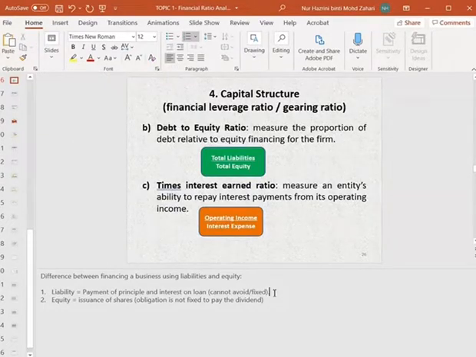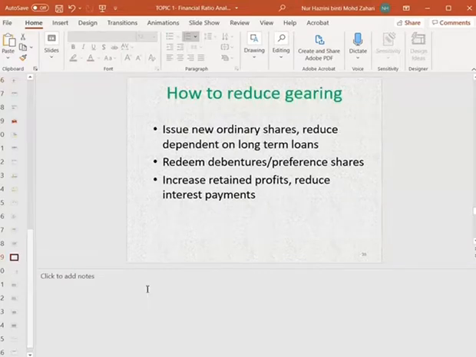If you have excess cash, you will have to use that cash first to cover your liability. After that, you can focus on giving dividends to your shareholders, because you have to save yourself first. Your liability payment is fixed, and you will have to pay the interest on the loan every year. Any failure to pay the interest on the loan might risk your position. So going back to gearing.